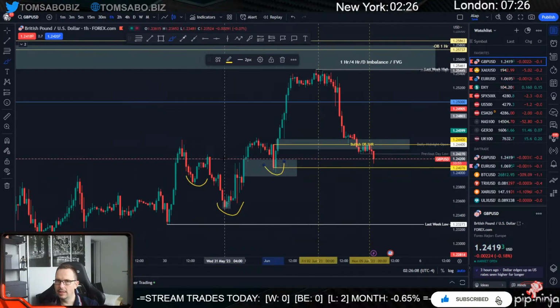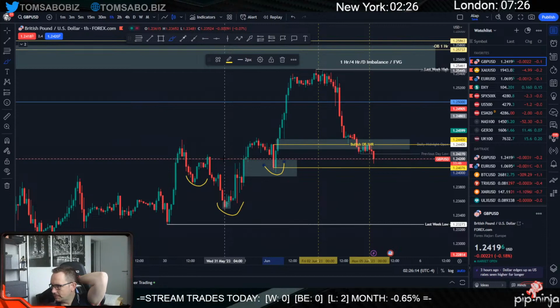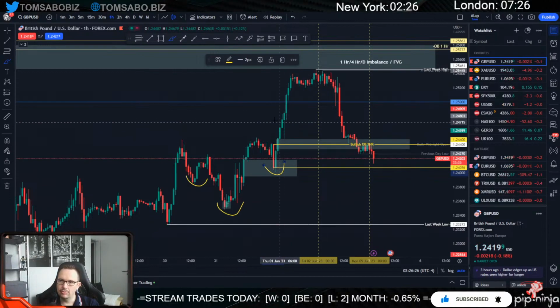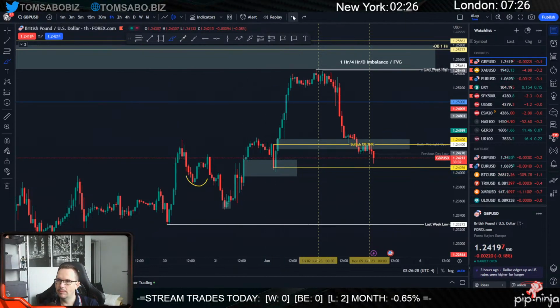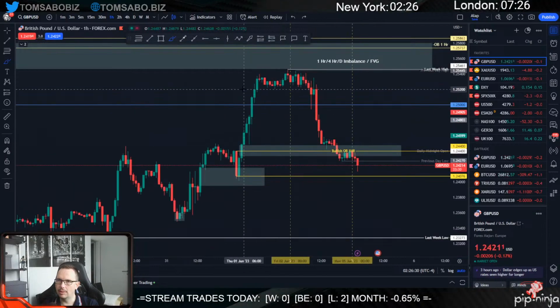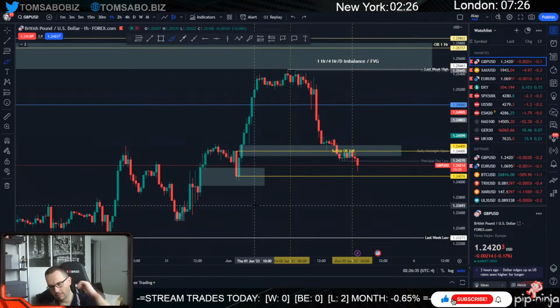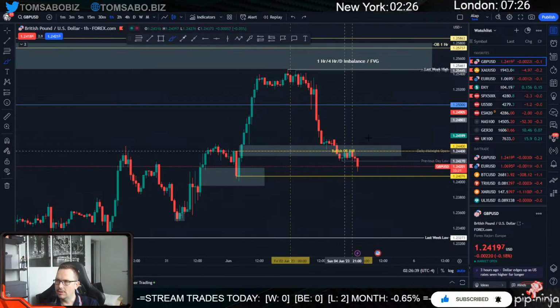If we see that as it is, it could be a discount level of an intraday price array. We'll see if it wants to push further up. That trade, I took it way before the London kill zone, because I consider that a swing.